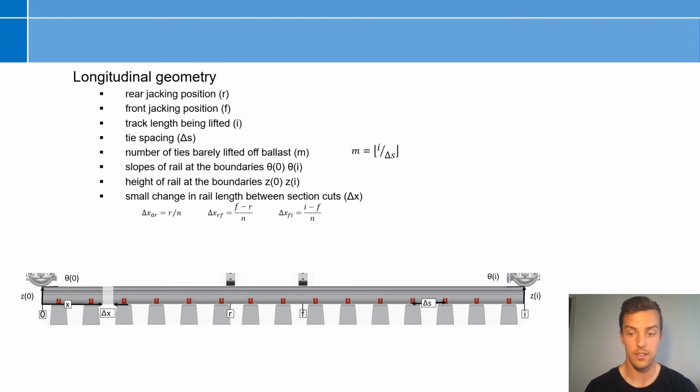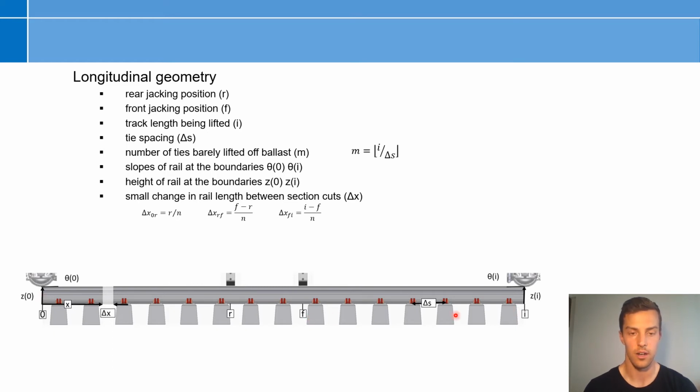So first, let's look at what we know. We can look at the geometry longitudinally across the track. We know the position of the rear jacking force. We know the position of the front jacking force. We know the entire length of the track being lifted.